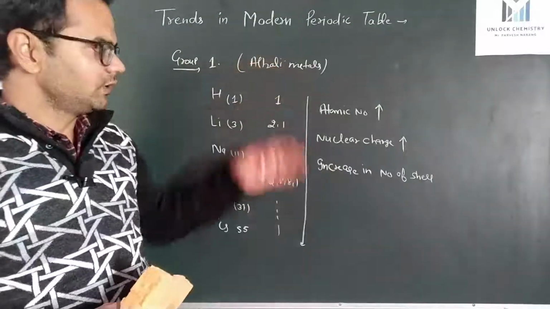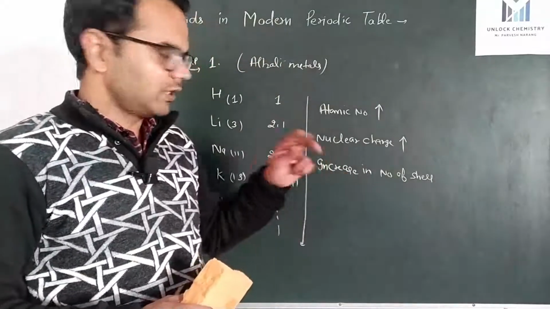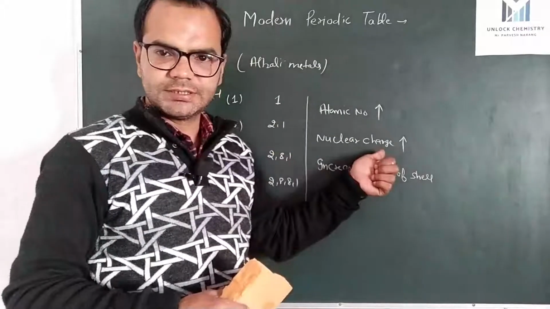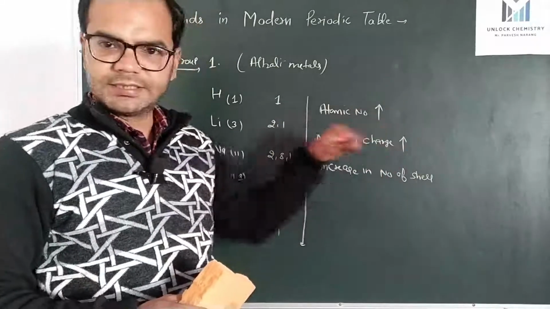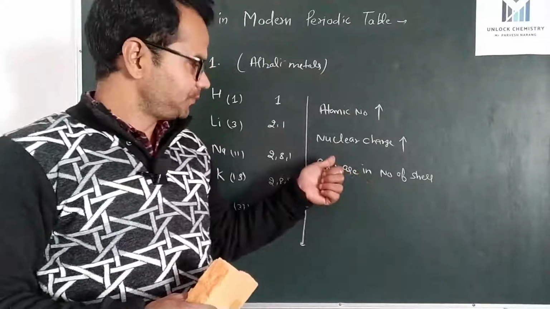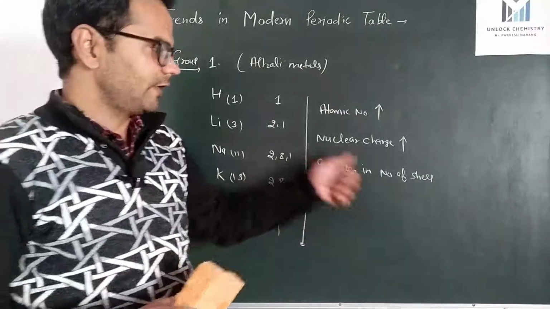So as we move down the group, number of shells increases. So there are 2 factors working in a group. First factor is nuclear charge. This nuclear charge will decrease the size, but there is increase in number of shell, that will increase the size of an atom. So this factor is dominant.